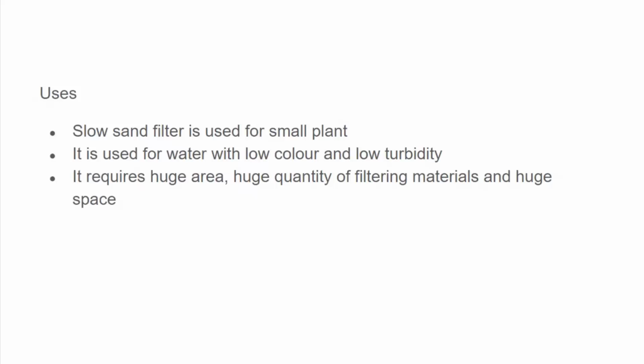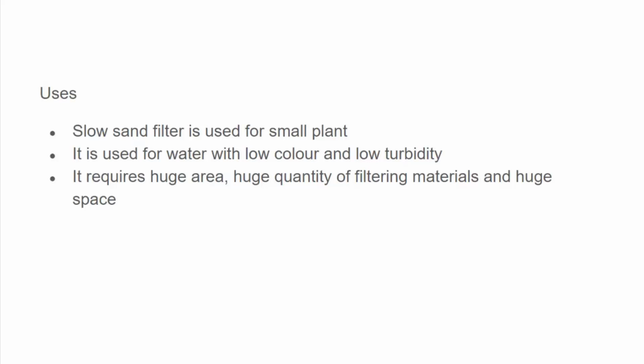It requires a huge area. That is, the plan area of a slow sand filter is 100 to 2000 meter square, and a huge quantity of filtering materials. If the plan area is huge, then the material required for the filter media will be very large, and it requires a huge space.